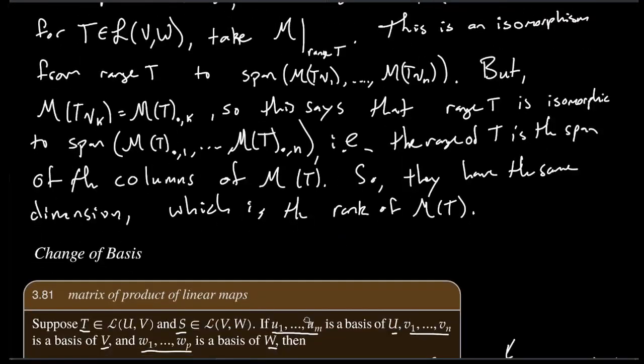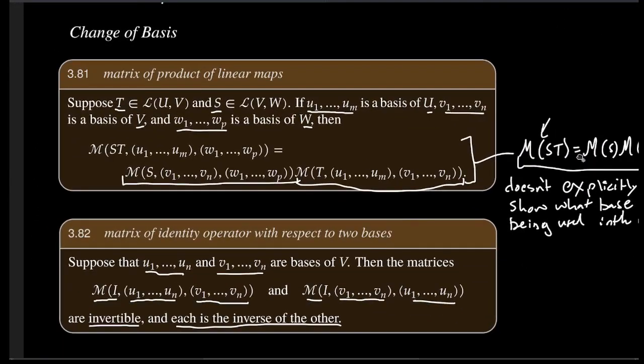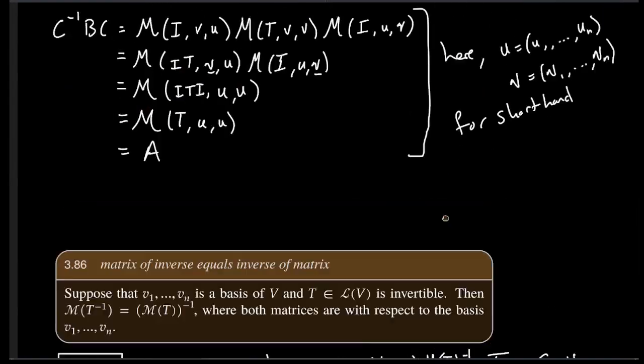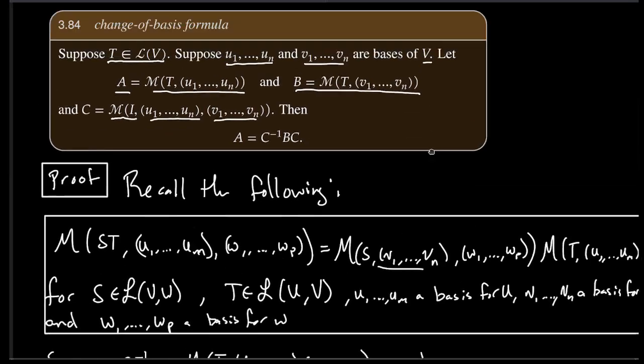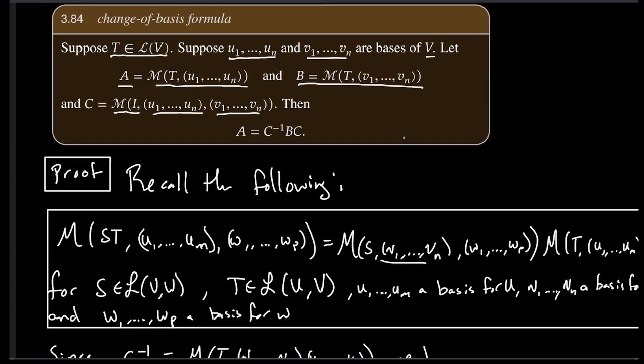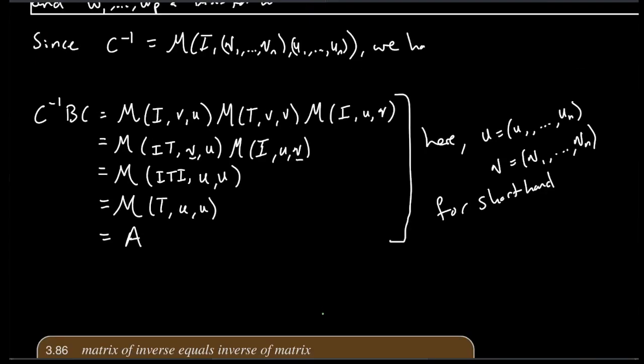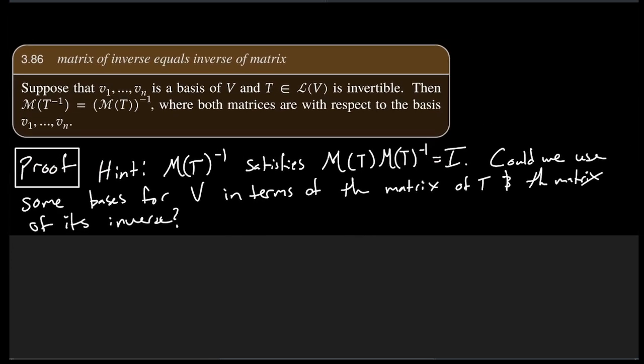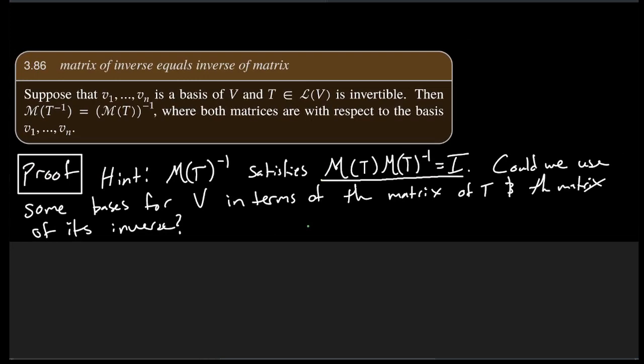Could you use something to that effect? There are a number of different approaches you could start with, but I claim that you'll want to write the matrix of T with respect to different bases, and then make use of the change of basis formula. From that, you should be able to use this little property right here, and then get out this nice fact.